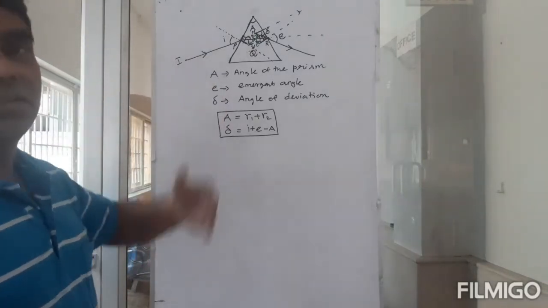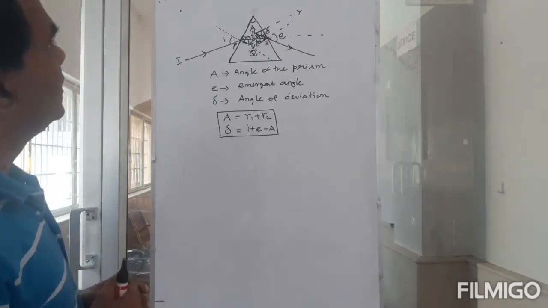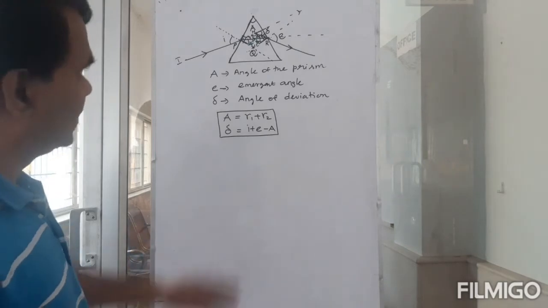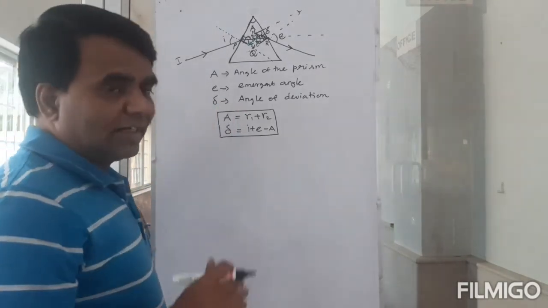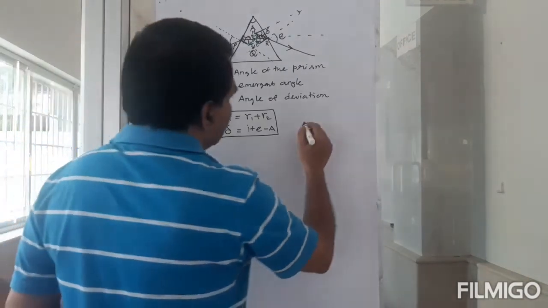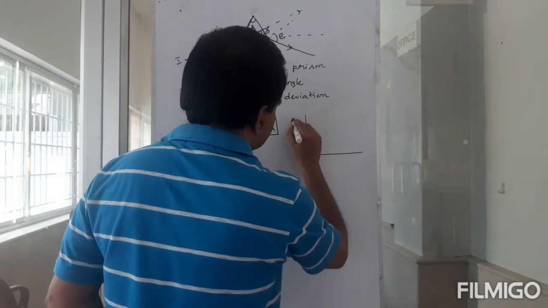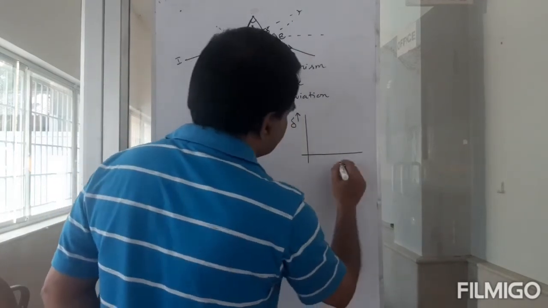This retracing will always happen in light, and that's again from the law of refraction. If we were to draw a graph of the angle of deviation, delta, and the angle of incidence, I.